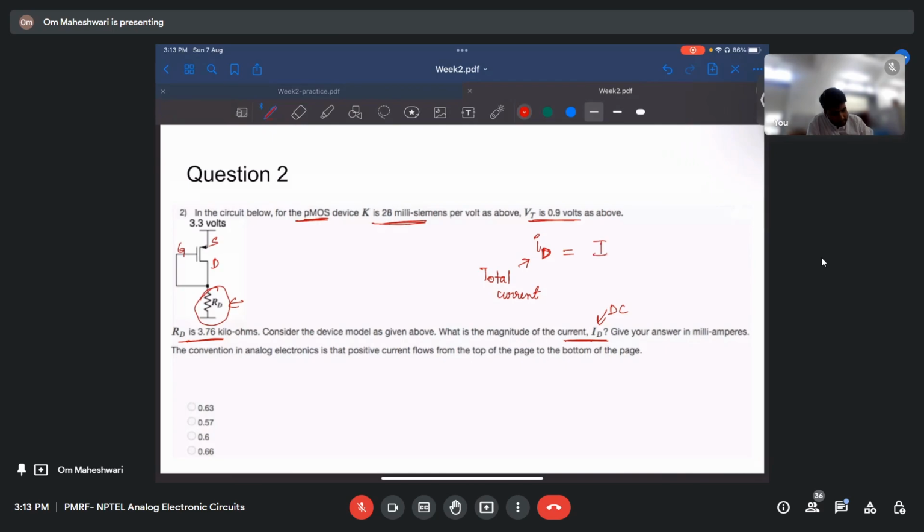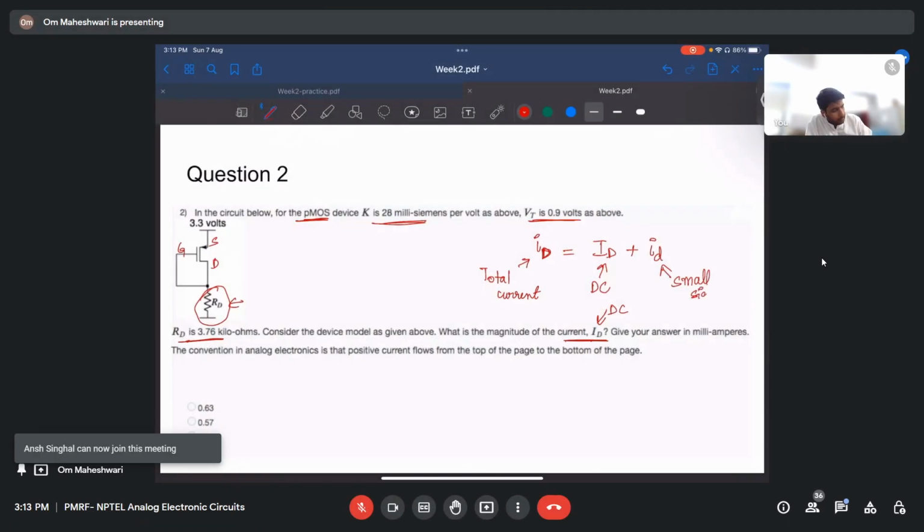equals this is DC and this is small signal. They have taken the convention that positive current flows from top of the page to the bottom of the page. So this direction current is positive.